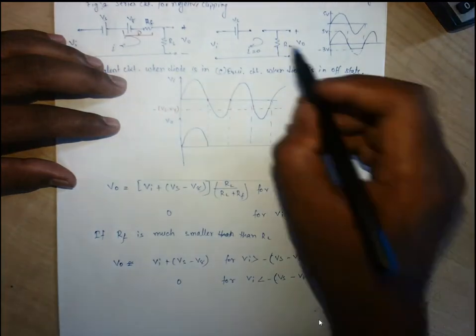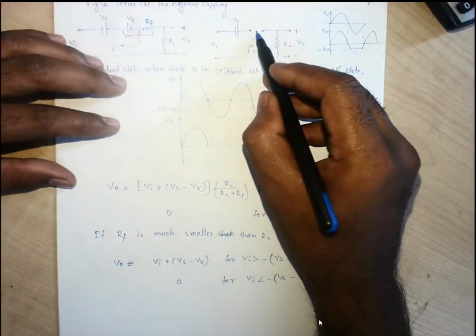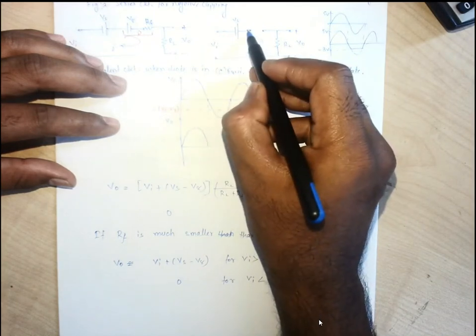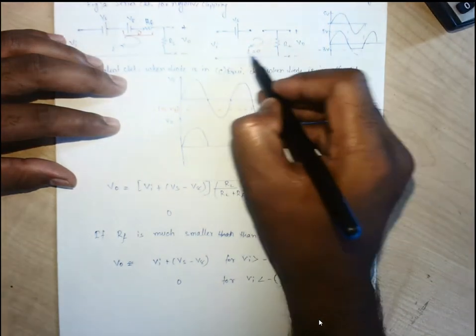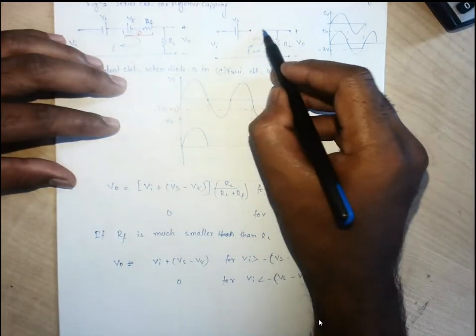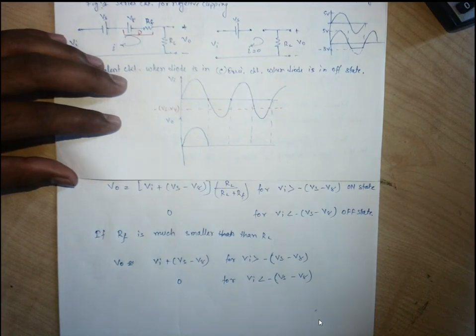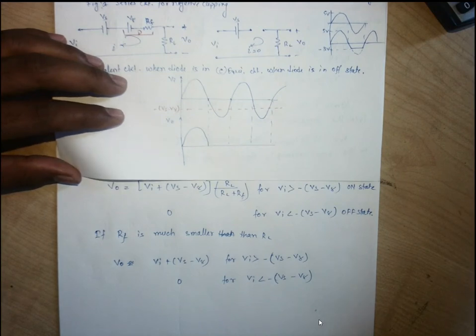From this we have the input, and we have this RL over here. There is no current flowing. So the output up to minus 2 is 0.